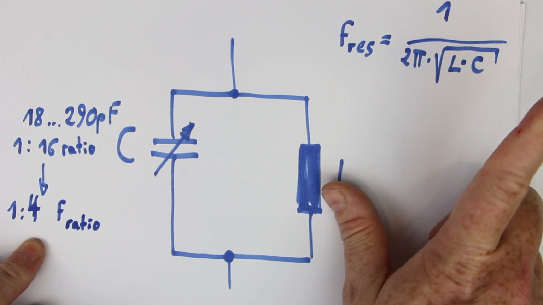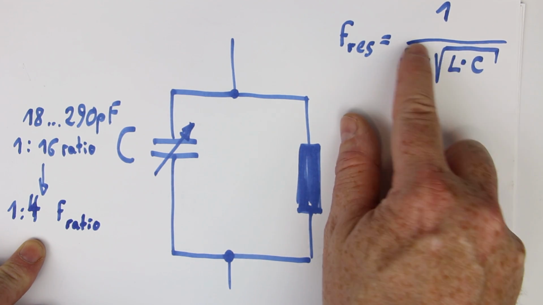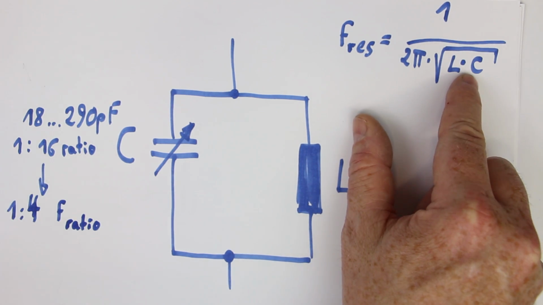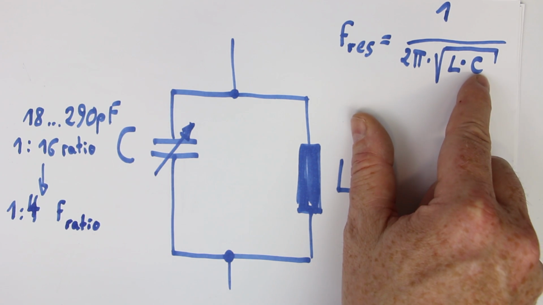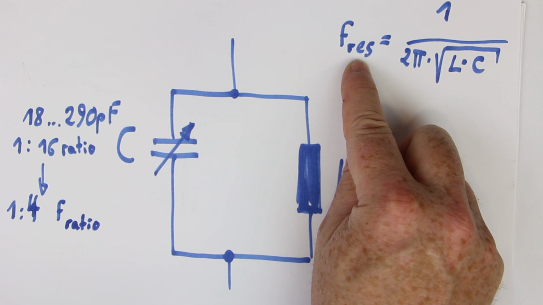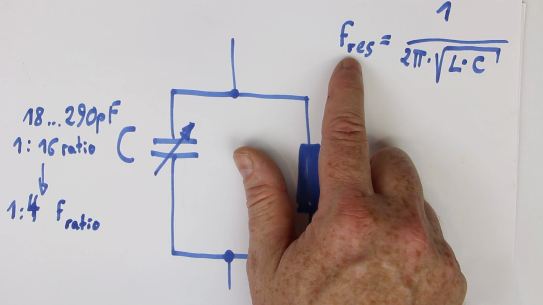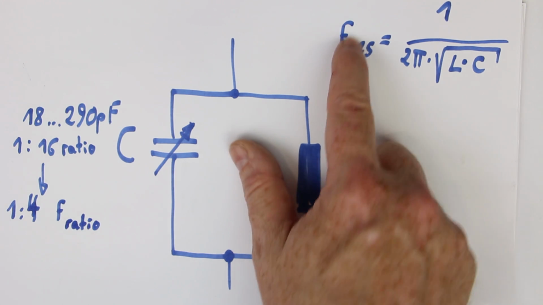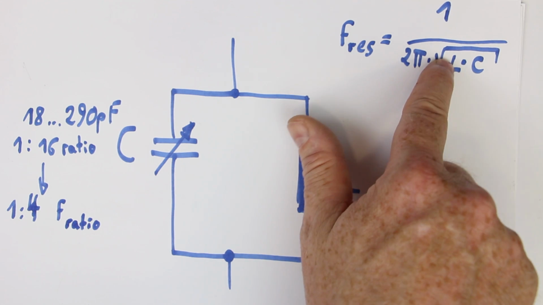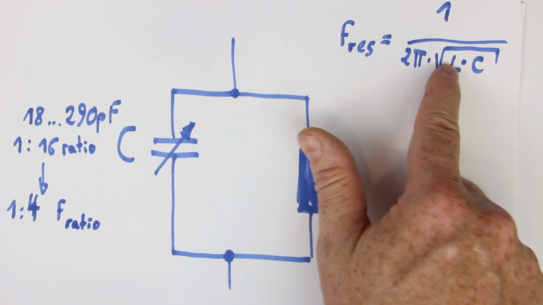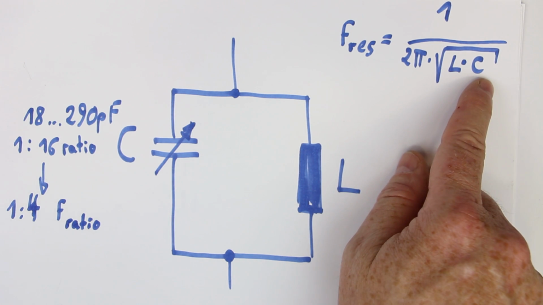So just remember these two things. The first is, because L and C are in the denominator, increasing L or C or both lowers your frequency. And in the opposite way, if you want to get a higher frequency, you have to use smaller values for L or for C or for both of them.